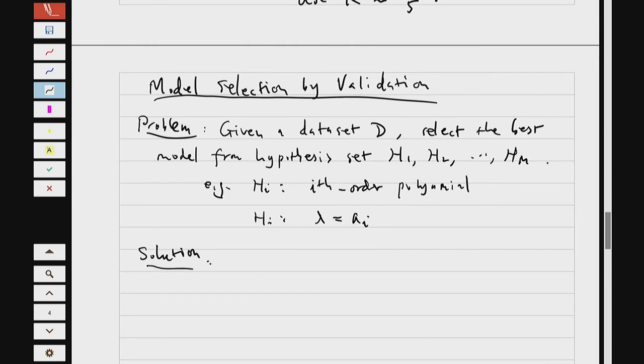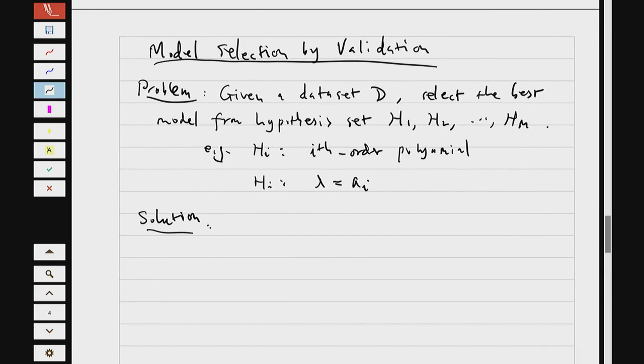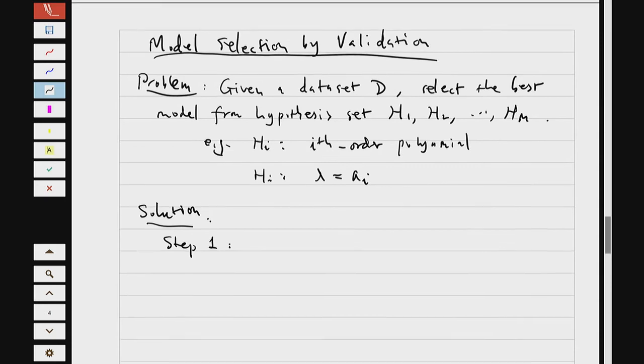The solution, of course, is simple now that you know it: use validation, right? So step zero is you break up your data D into two parts, D train and D val.